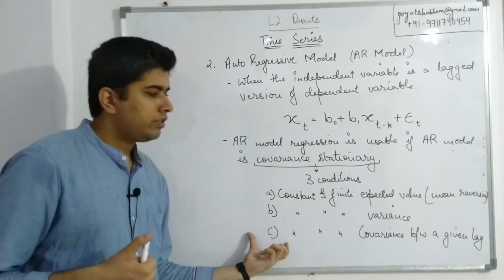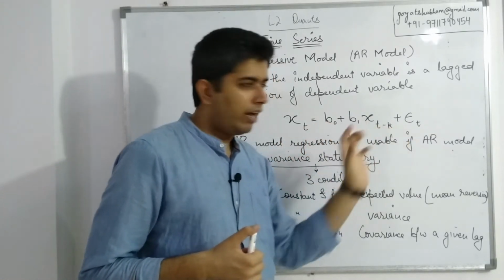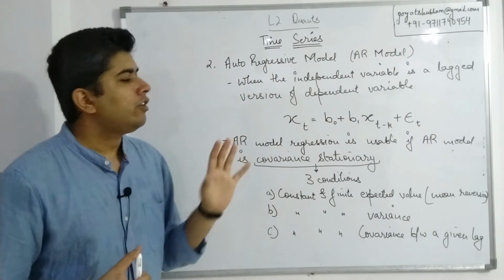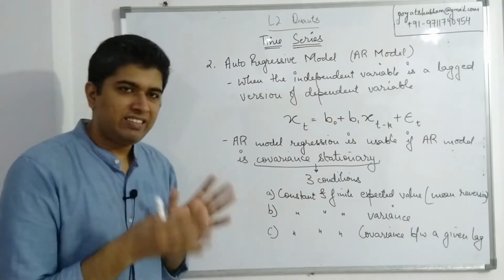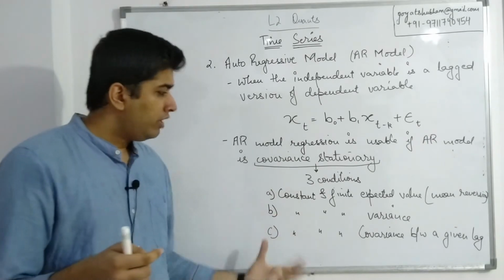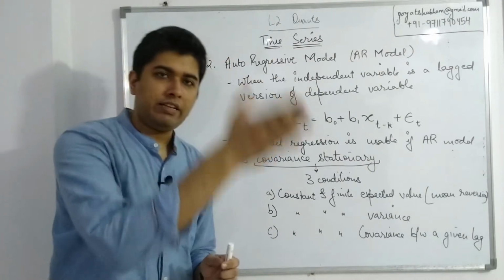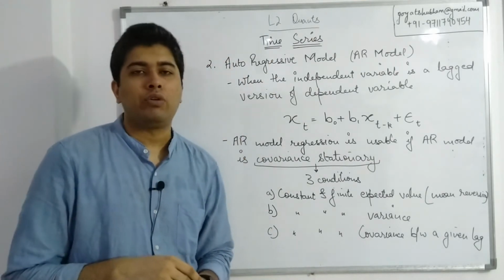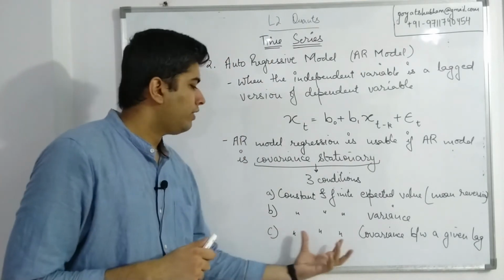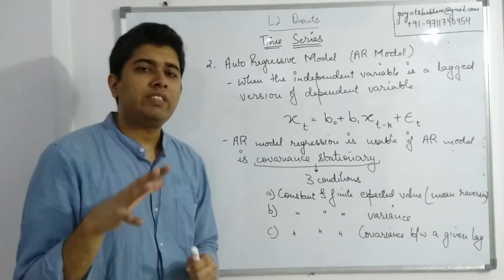The new part is the last one. It is saying on any given lag. So once I have a fixed value of k, let's say I take k to be 4, I'm analyzing xt in comparison to xt minus 4. Once I have a lag fixed, the covariance between xt and xt minus 4 should be constant and finite. Covariance, again, if you understand correlation from level 1, is the same thing.